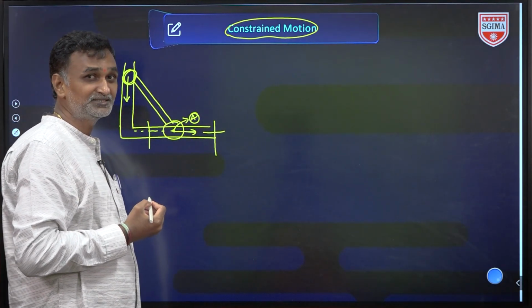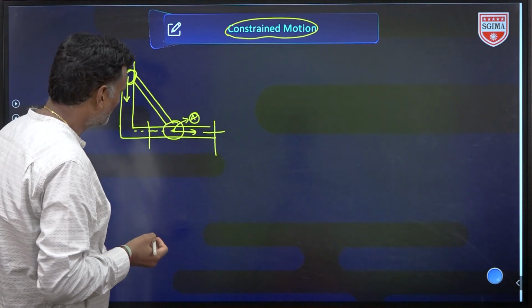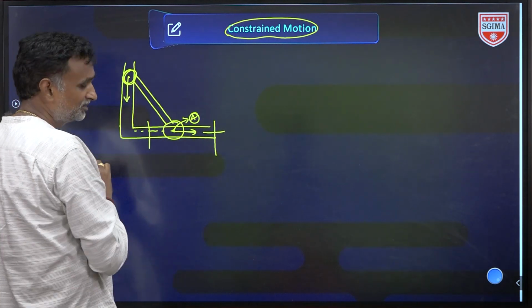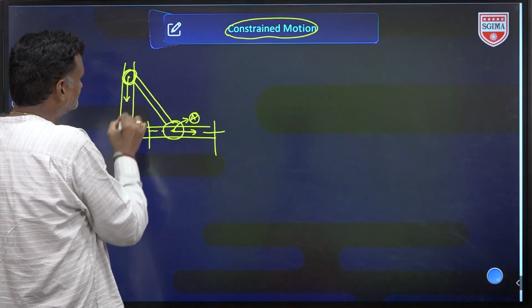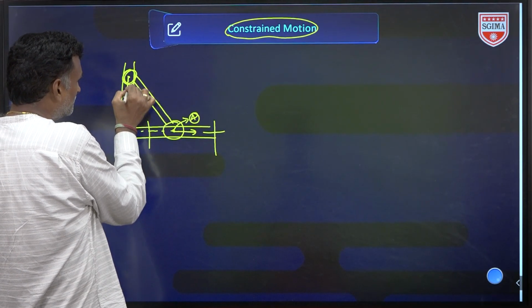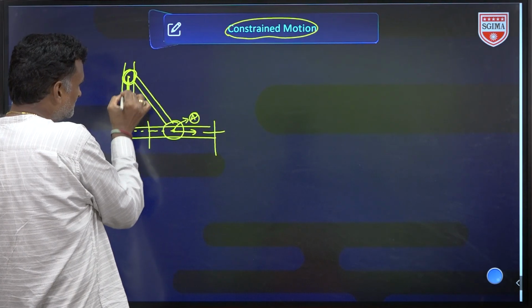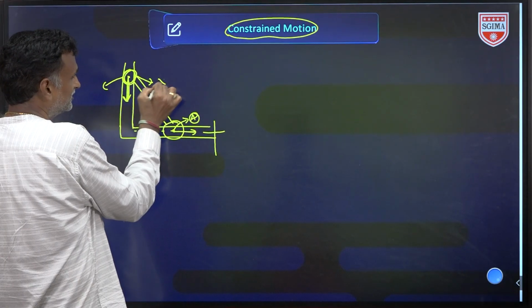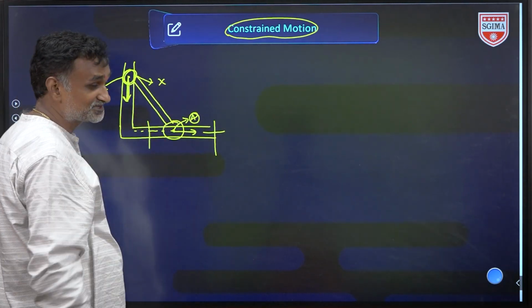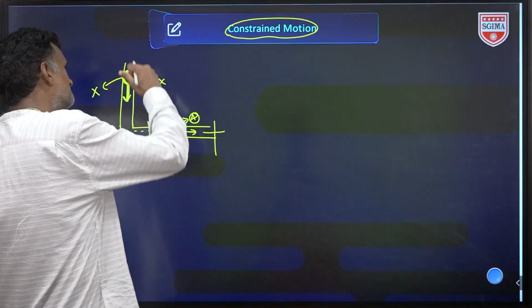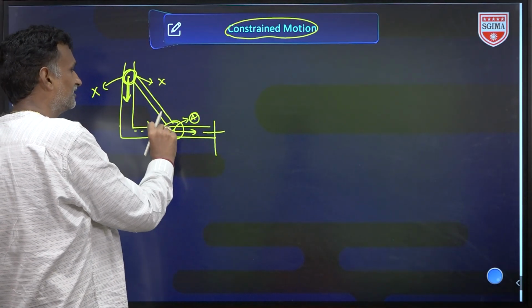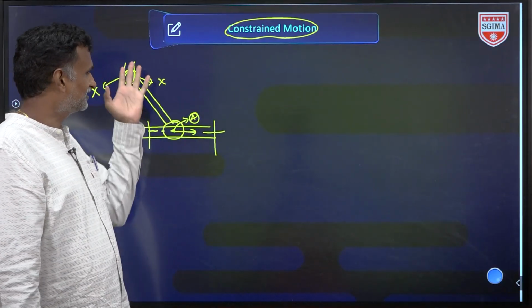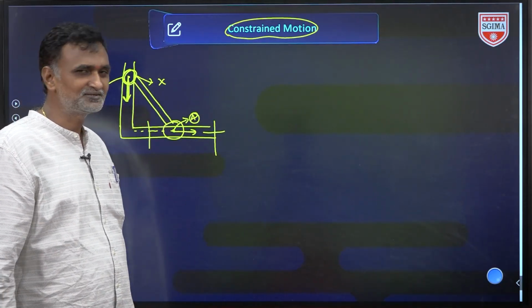Such a motion is called constrained motion. The same case applies to this lateral wheel also. This wheel moves along the downward direction, along the same path, and it won't move here or here. So this kind of motion is restricted. It is constrained to move along this path and constrained to move along this path. These are constrained to move along particular paths.